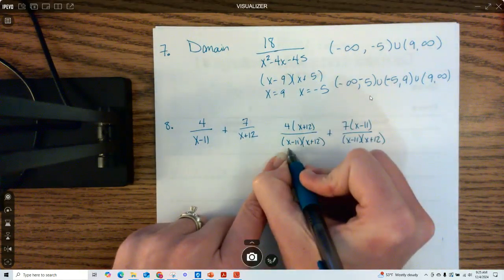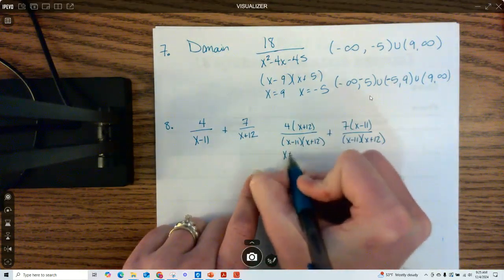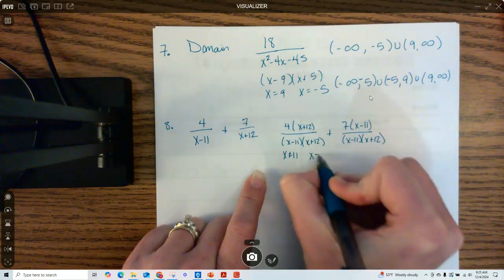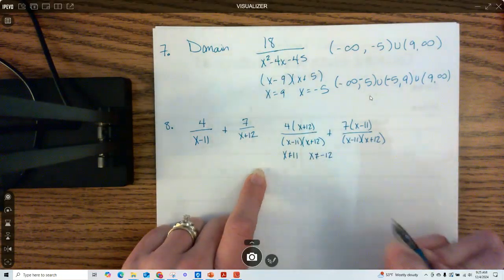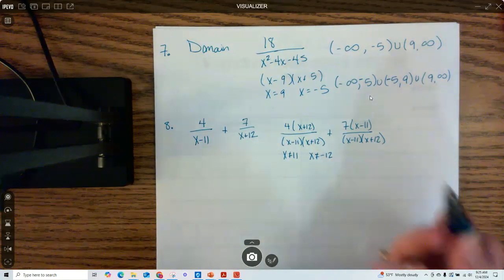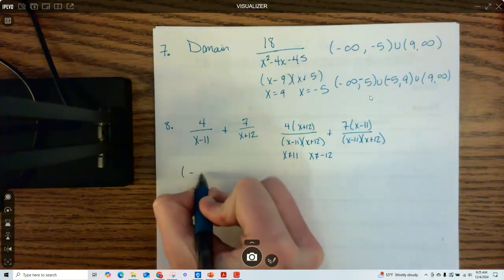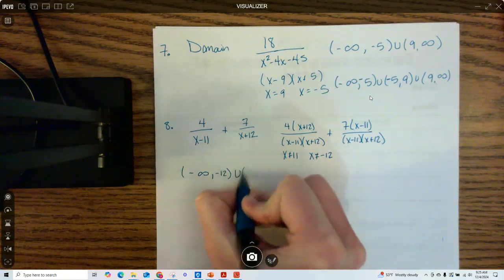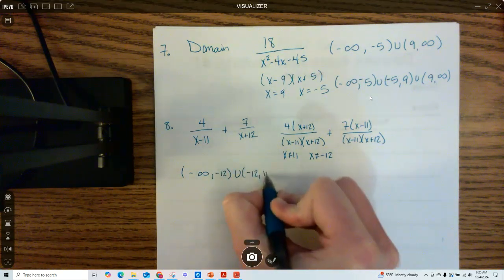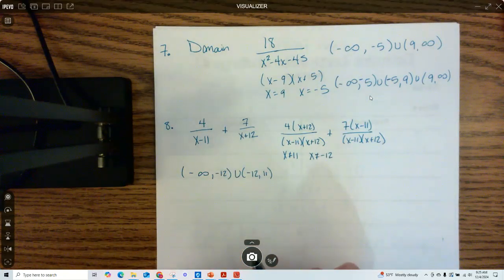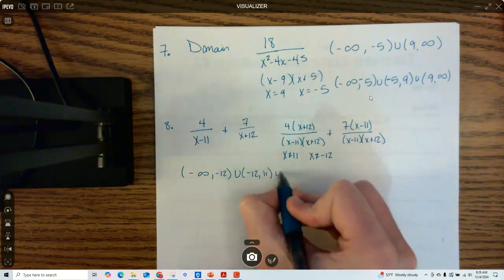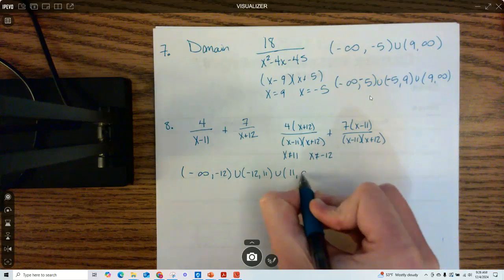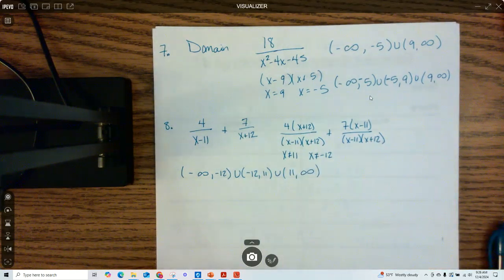So, if we don't want zeros, x can't equal 11. x cannot equal negative 12. So domain should be from negative infinity to negative 12, union negative 12 to 11. Wait, did I miss something? Oh, no, yeah. Okay, and then 11 to infinity. That's what it should be.